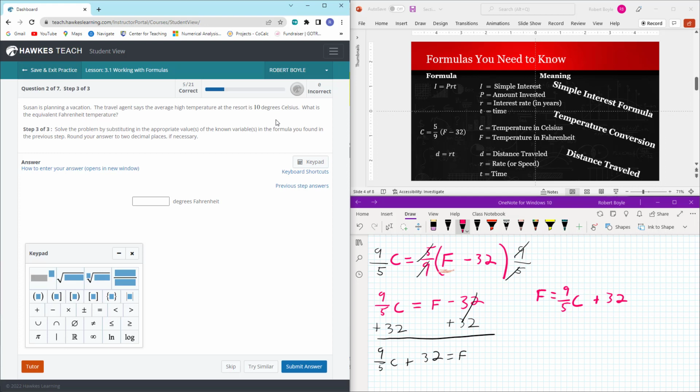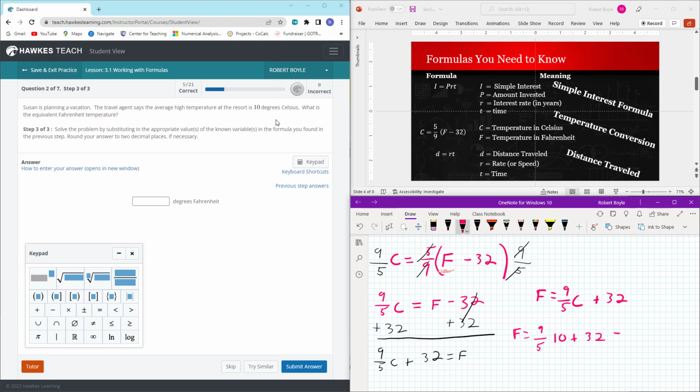All right, so we are going to have f is equal to 9 over 5 times c, which is now 10, plus 32. A couple ways to look at this. Primary way is, well, we know that 10 divided by 5 is 2. Or actually, let's just go ahead and multiply numerators.